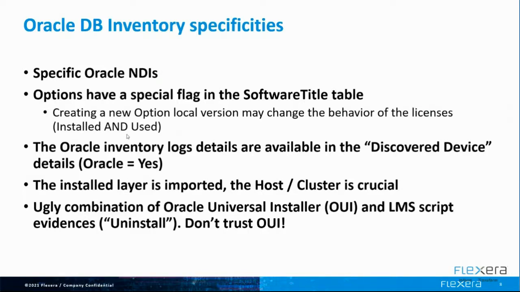So be careful. It's good to wait for the ARL to bring the new versions of the options if you want the behavior of the license, the next topic I will talk about, to be right, which means an option installed but not used in no way should consume a license for the option.